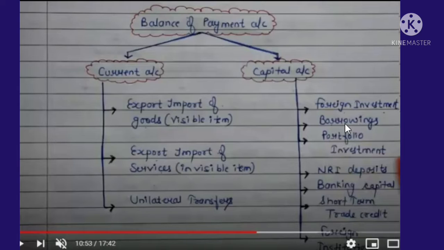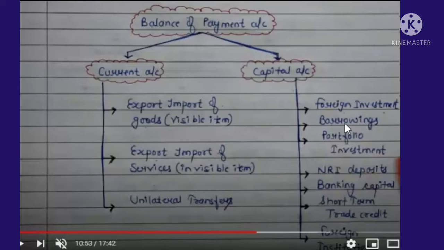So it's known as the debit side. For example, if a company in our nation is not working properly, or is going to be shut down, and somebody from abroad takes it over and develops that industry, that's known as foreign investment.